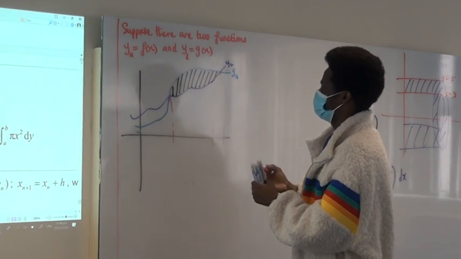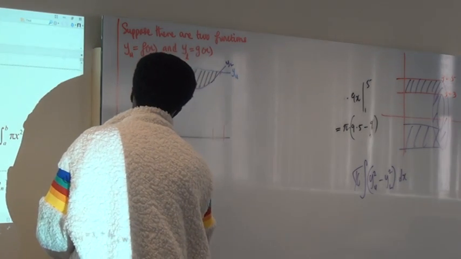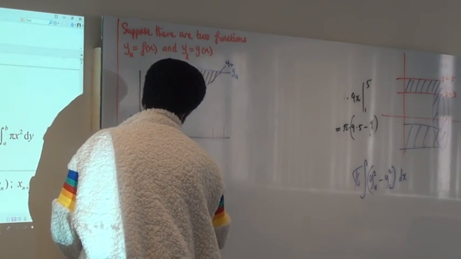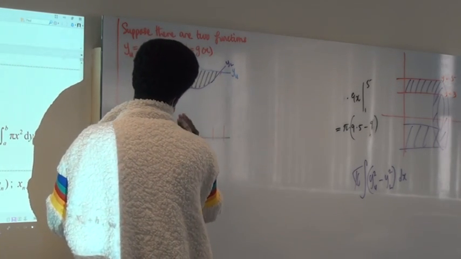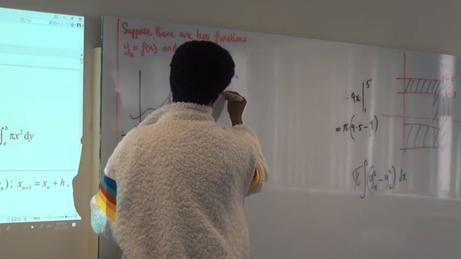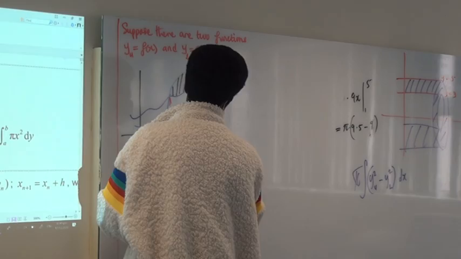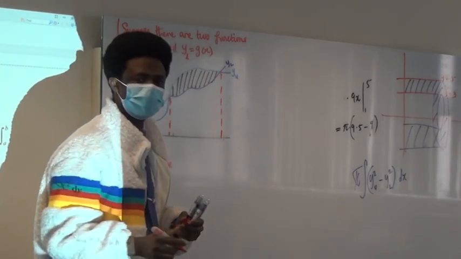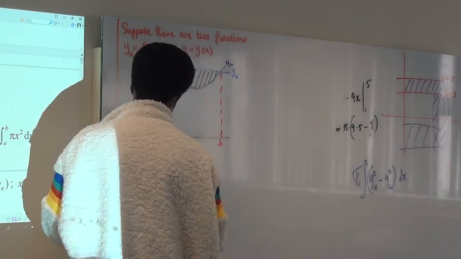Okay, so the volume, so I'll just put the limit of integration. The limit of integration definitely is the x-coordinate of the point of intersection. So see, this is a and this is b.